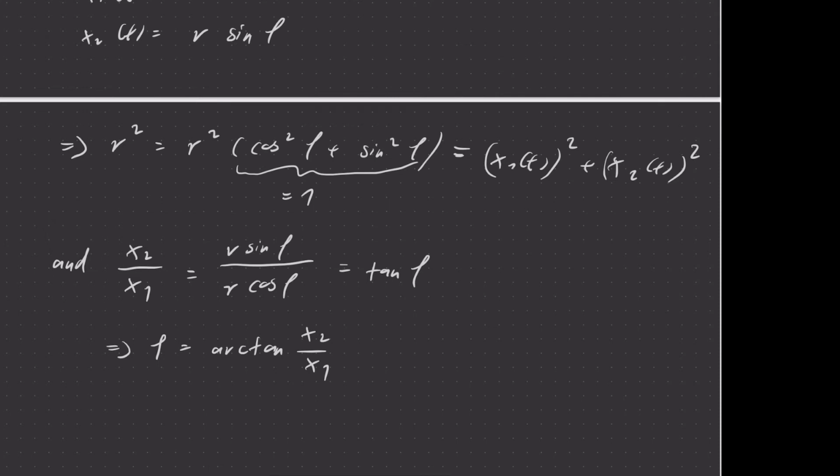And as I said, that works for suitably constrained values of x1, x2, and of course it's only one possible angle that we get this way. There will be others that would do the same job. Okay, so that way we get r squared and we get phi from x1 and x2. And now let's try to use that.